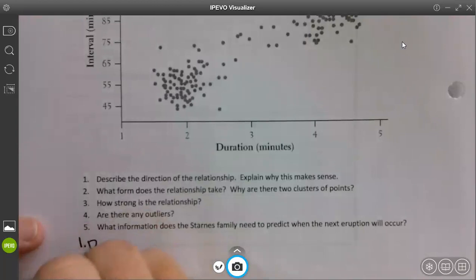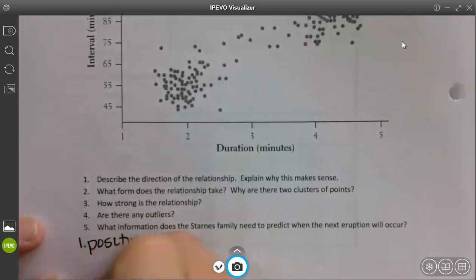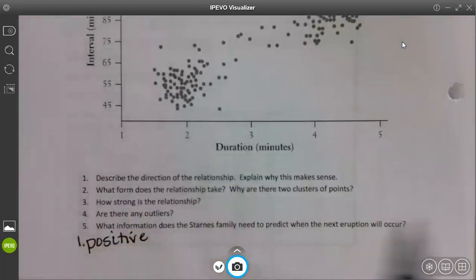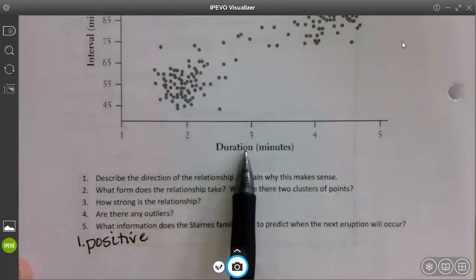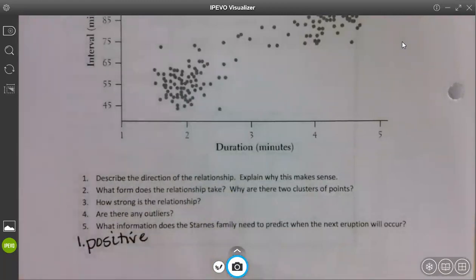Positive. Read your scales. Read your scales. Duration to the interval. What do you think? What's positive mean? So the longer, and you can just say duration.